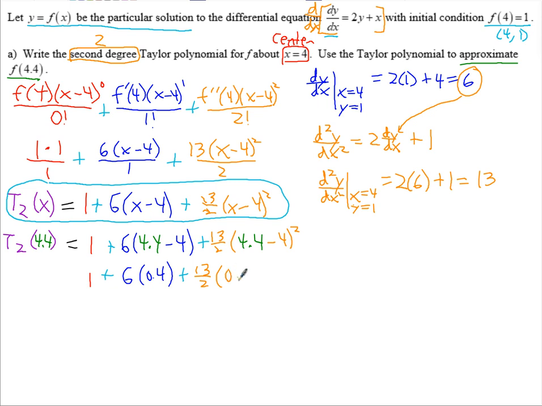So now I look for these 0.4 to fractions. So 0.4 is 4/10, but 4/10 reduces to 2/5. It's also 2/5 squared.